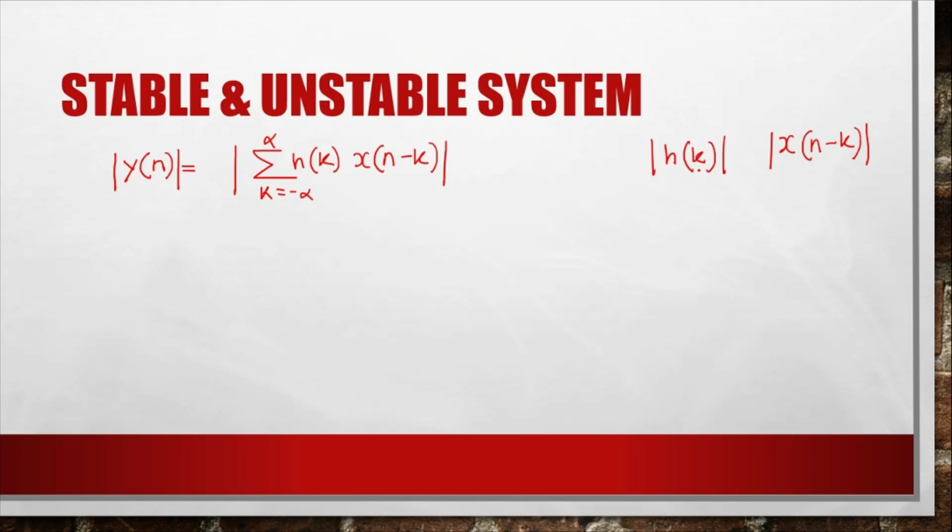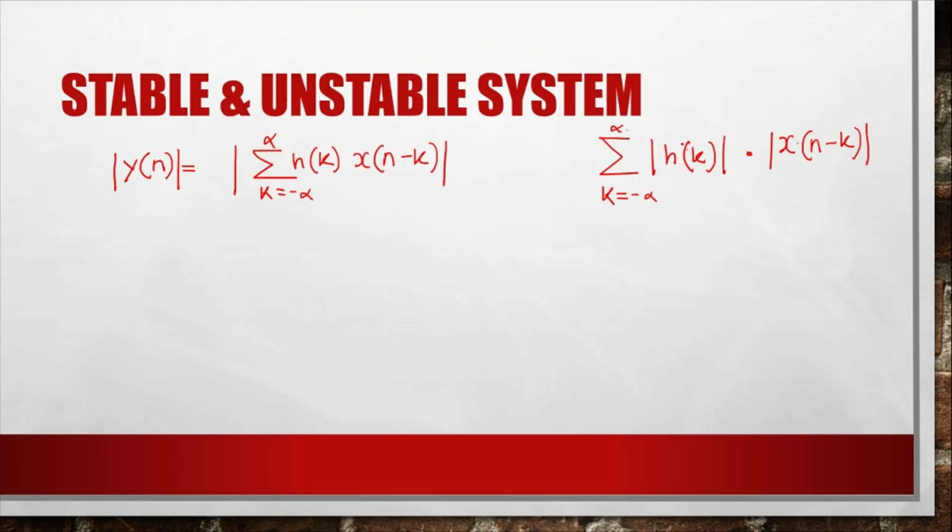Now if I take the modulus of h[k] and the modulus of x[n-k], multiply them and then put the summation, that is, I am taking only the positive values. Here we have not mentioned whether the values are positive or negative.